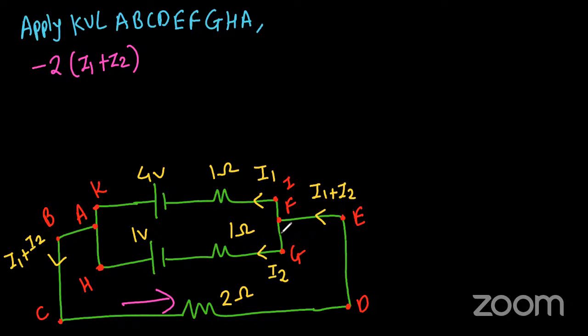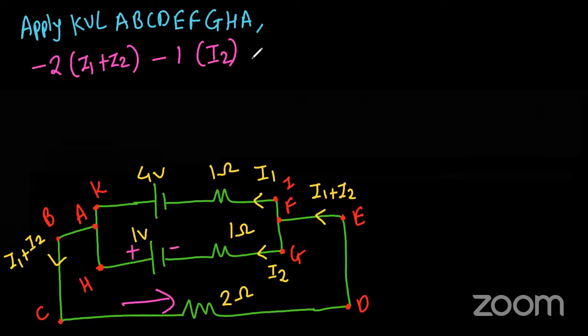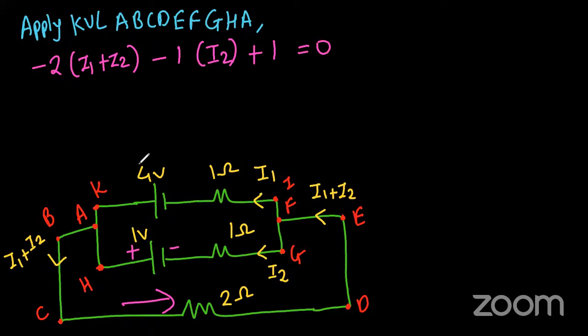I'll go ऊपर नीचे, now one more, I2 का डायरेक्शन और अपना डायरेक्शन same है, so again -1 I2, why I2? Because 1 ohm से कितना जा रहा है? Only I2, and then battery. So battery के लिए what we take second sign, first sign is negative, second is positive, so +1, that is equal to 0.